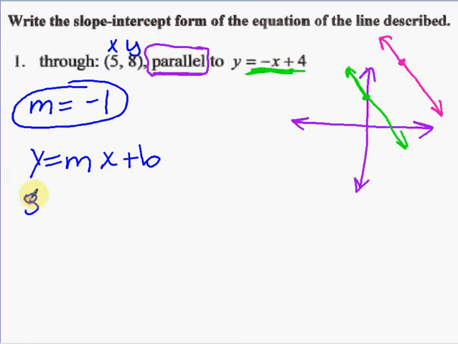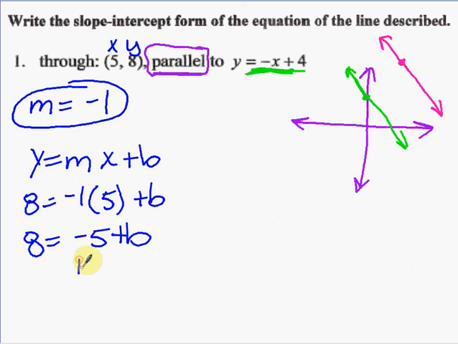So y is 8. The slope is -1. We just got that from this equation right here. The x is 5. That's from our ordered pair. And then we're looking for the y-intercept of this pink line. That's what we're trying to find. So let's go ahead and simplify what we have. We have 8 equals -5 plus b.